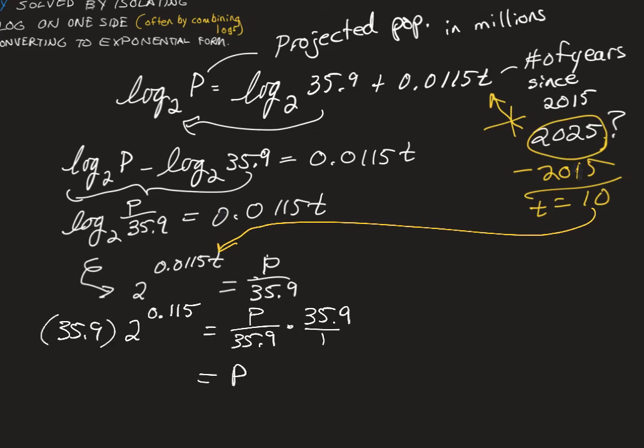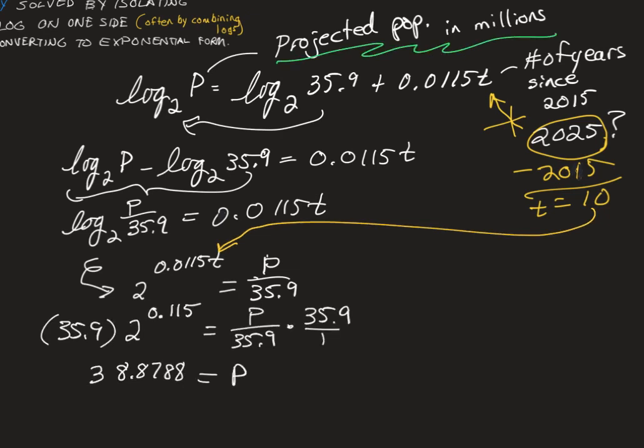And a calculator is called for here. So p is equal to 38.8788.